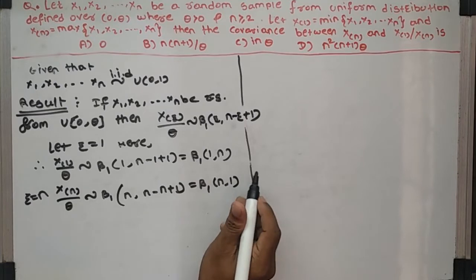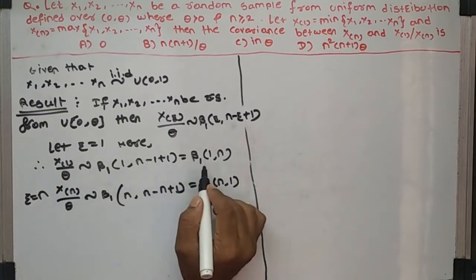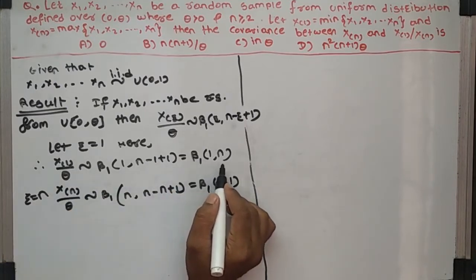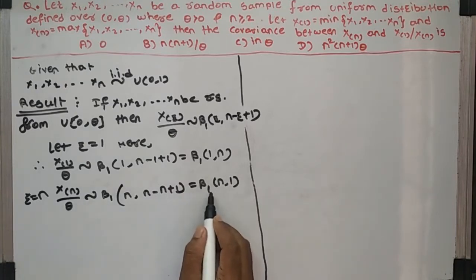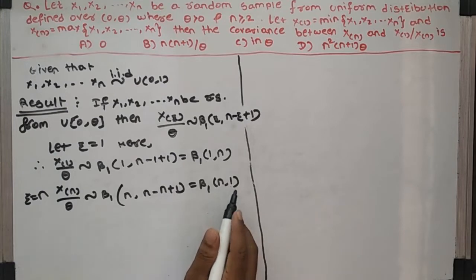That is, X(1) upon θ follows beta (1, n) and X(n) upon θ follows beta (n, 1).